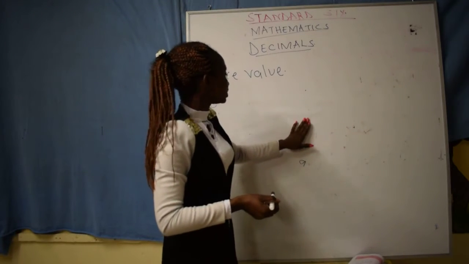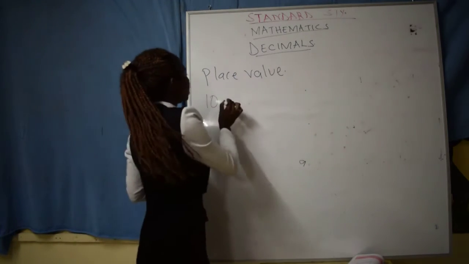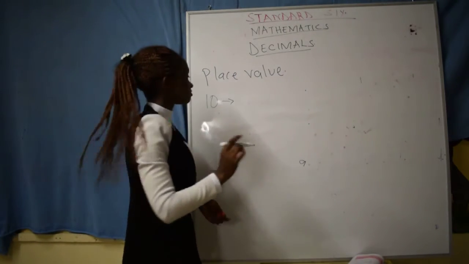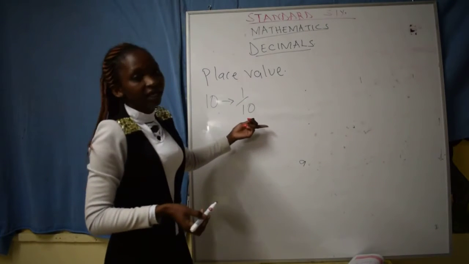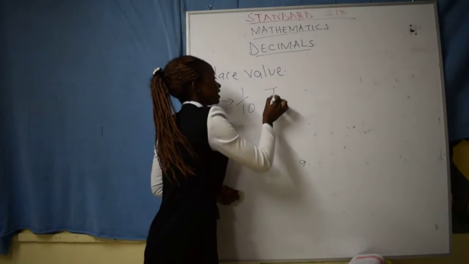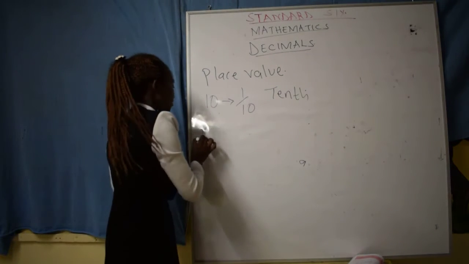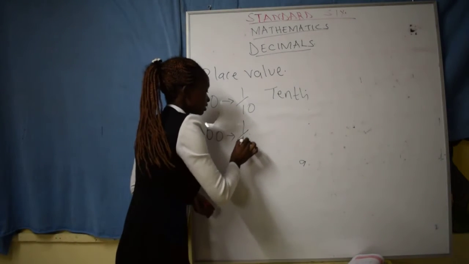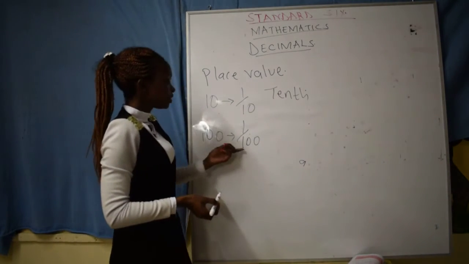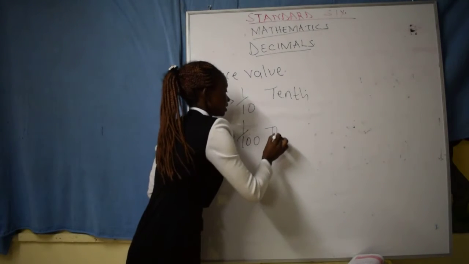And 10 as a decimal, we write it first as a fraction, 1/10. And 1/10 is written as a tenth. Then we have 100. 100 as a fraction, we write it as 1/100. And 1/100 in words is written as hundredth.